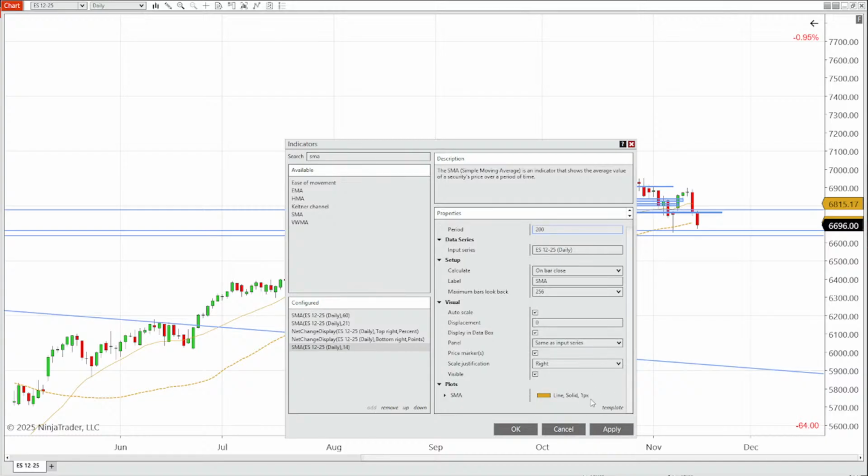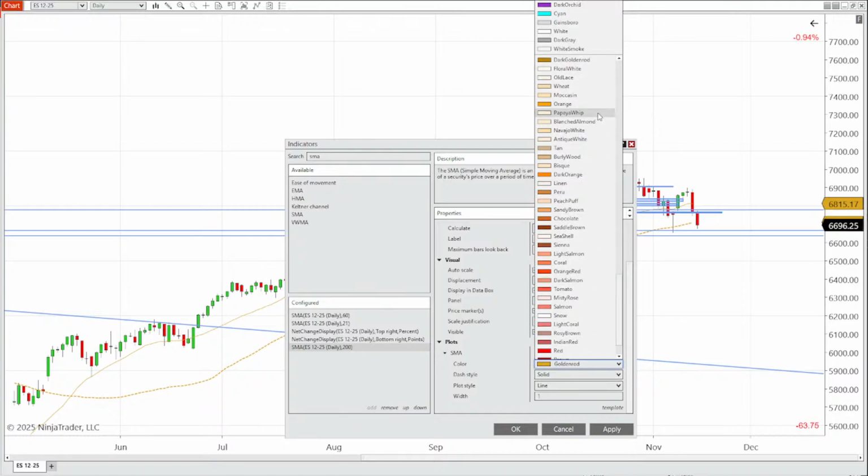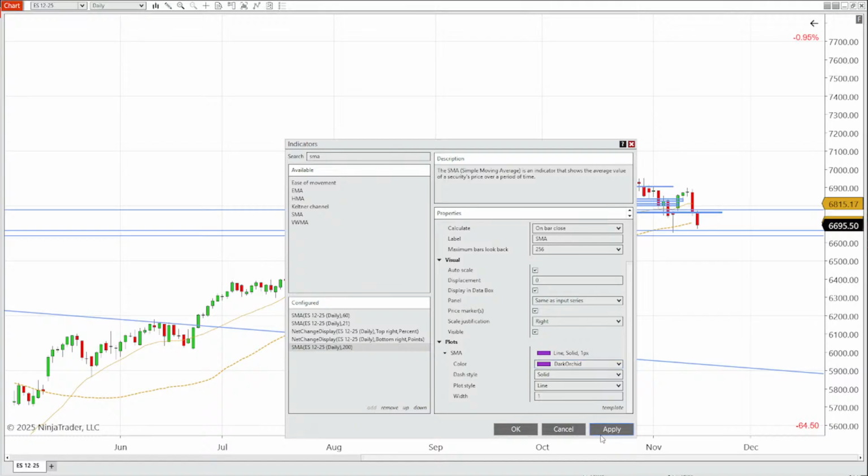I'm changing up the color of that 200. I don't want to put too many colors on this. See what color I can get. We'll do a purple.